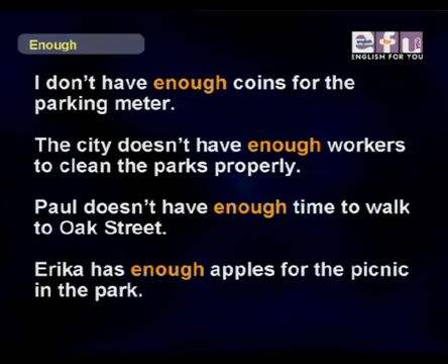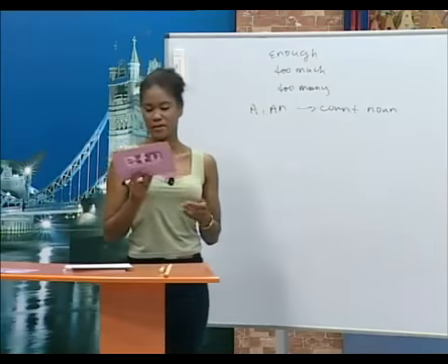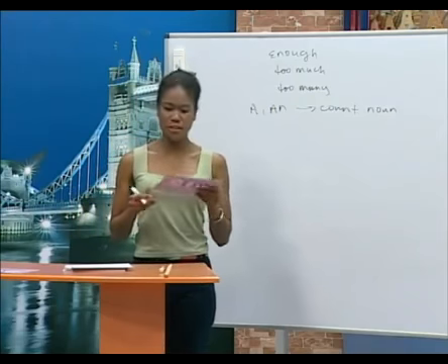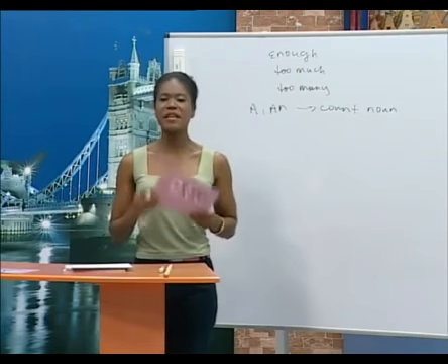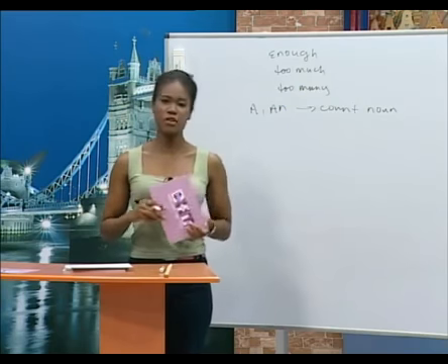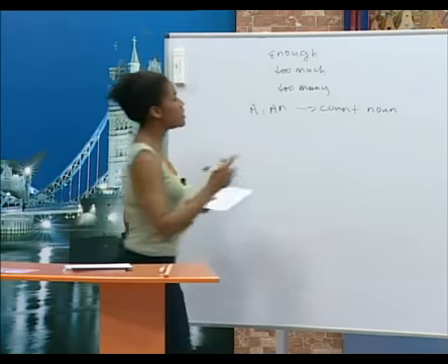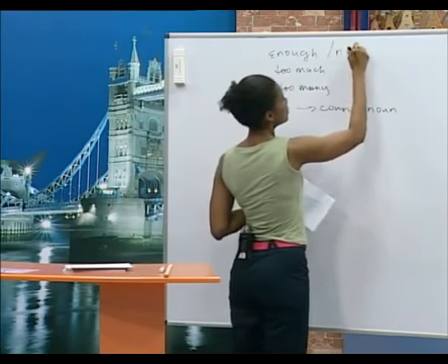Erica has enough apples for the picnic in the park. So enough comes in front of count nouns and non-count nouns. It is called a quantifier. It means the necessary amount of something. It is usually used after the verbs to be and to have. The negative of enough is not enough.